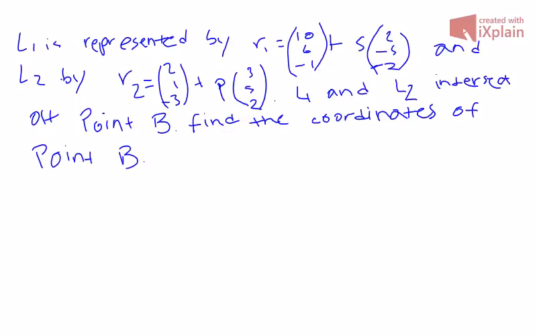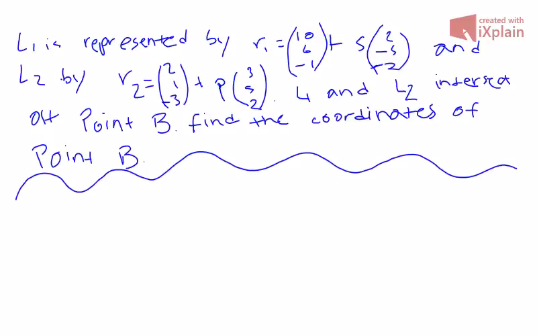Now let's move on to the IB exam style questions that you should be able to do on your own. L1 is represented by R1 equals position vector 10, 6, negative 1 plus direction vector 2, negative 5, negative 2 times S. And L2 by R2 equals position vector 2, 1, negative 3 plus direction vector 3, 5, 2 times P. L1 and L2 intersect at point B. Find the coordinates of point B. Take a moment to solve this problem, which is worth around 7 marks.